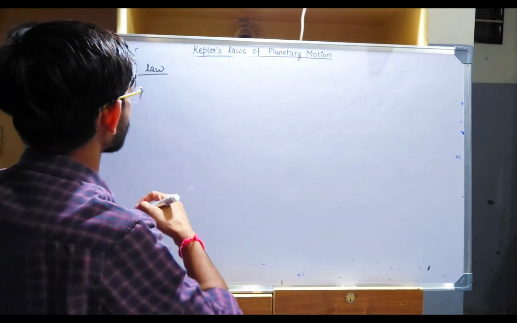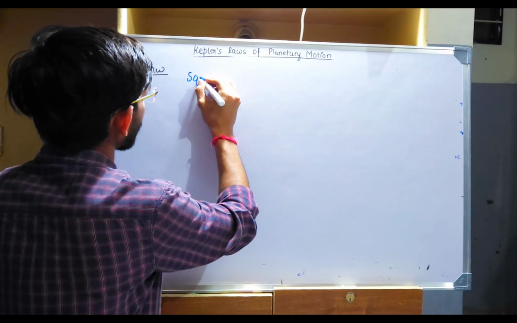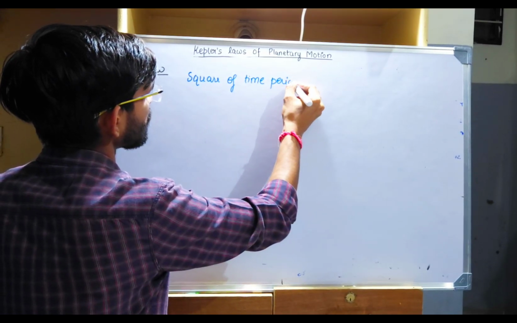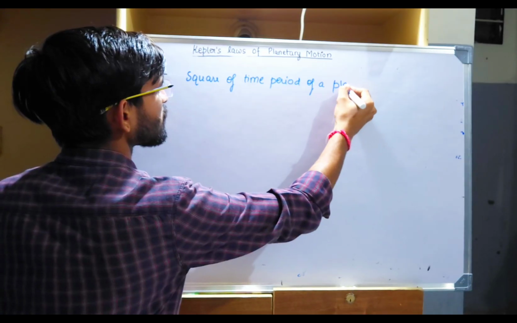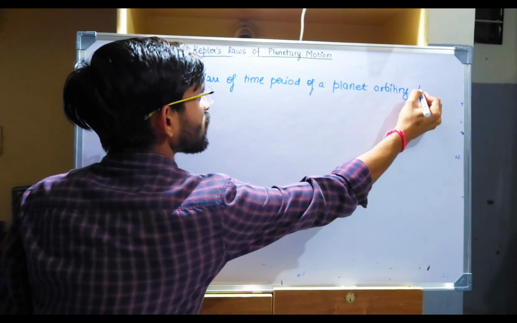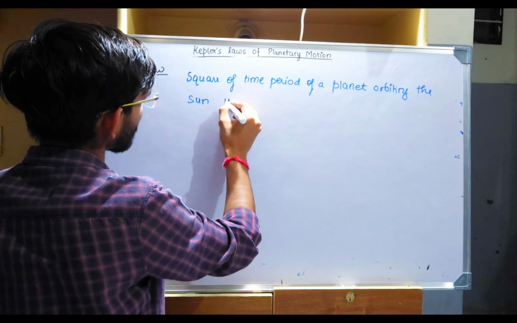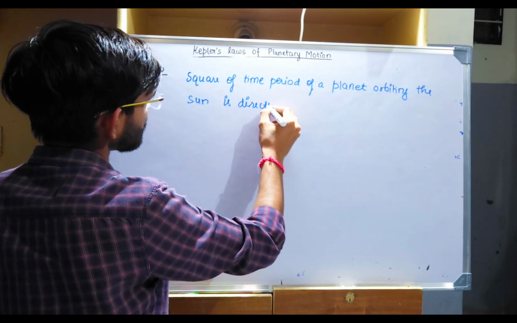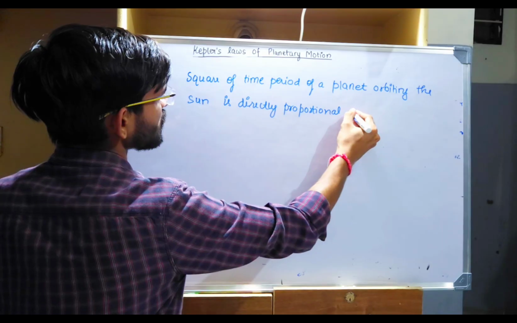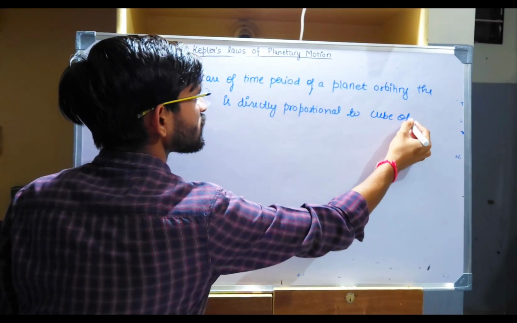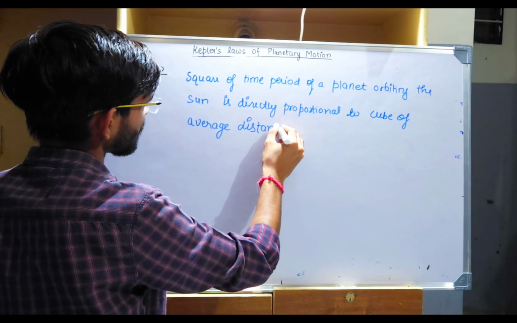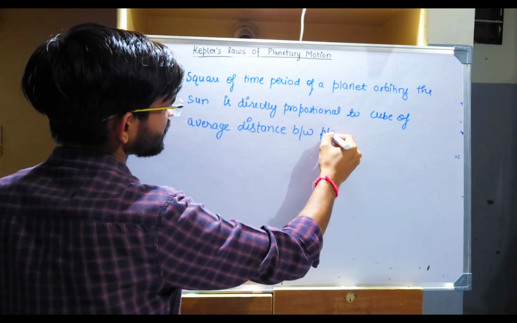According to the third law of Kepler, the square of the time period of a planet orbiting the sun is directly proportional to the cube of the average distance between planet and sun.